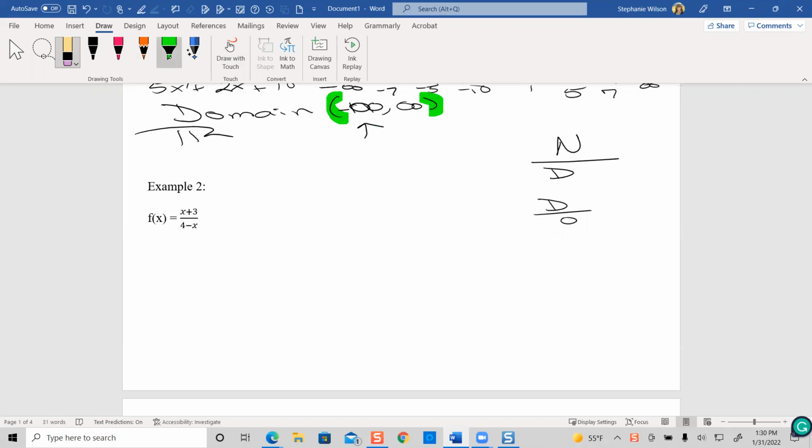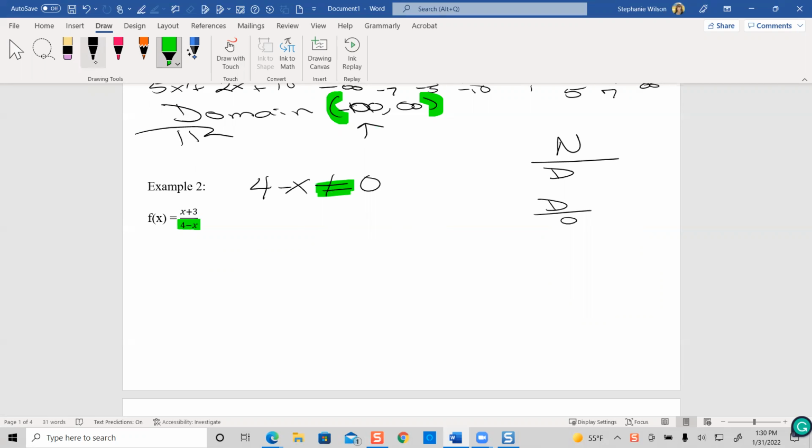So what we need to focus on is the denominator to determine the domain. So I'm going to take the denominator and set it not equal to 0. Why did I say not equal to 0? Because if it equals 0, then this is not going to yield a real number. Therefore, we have an undefined function.